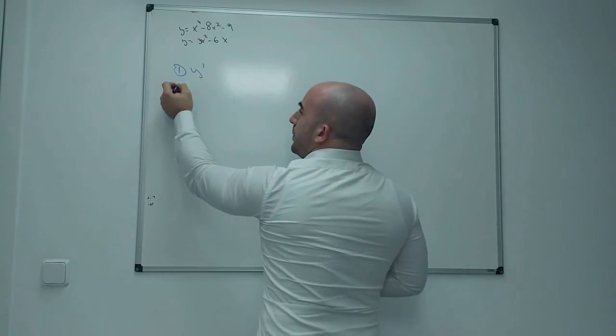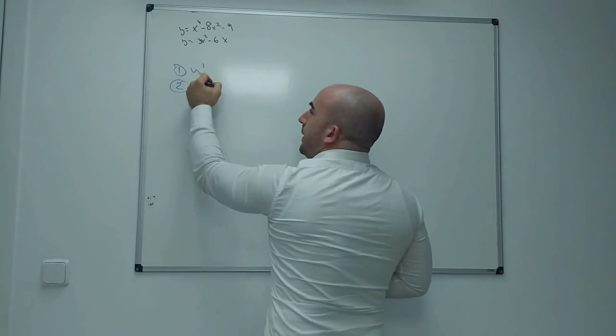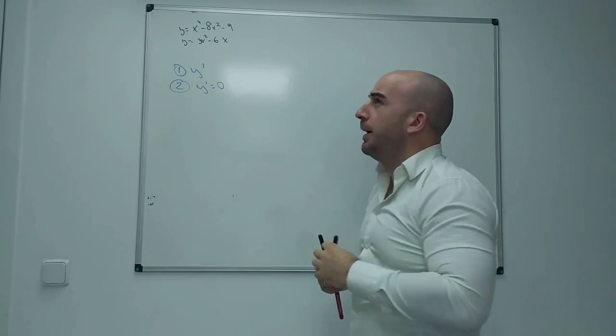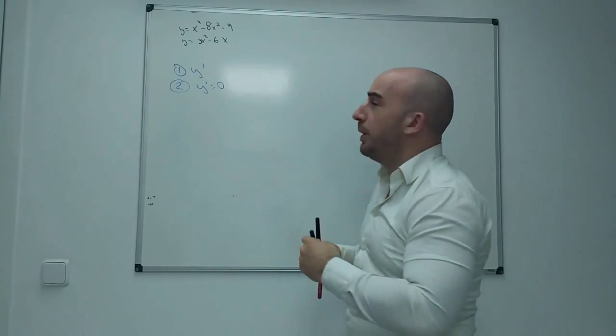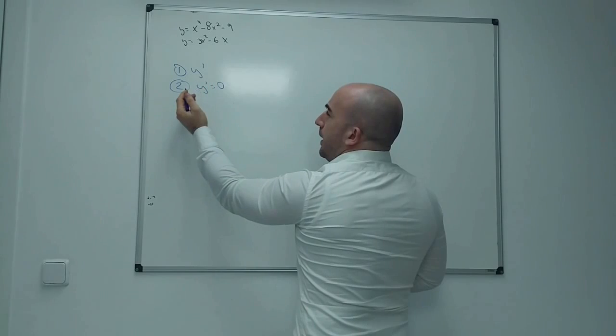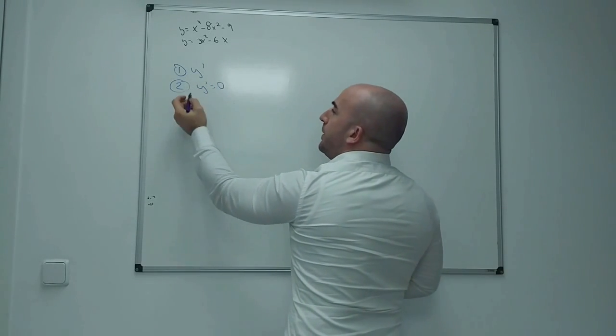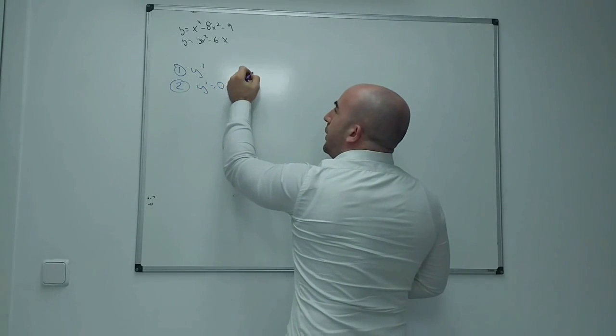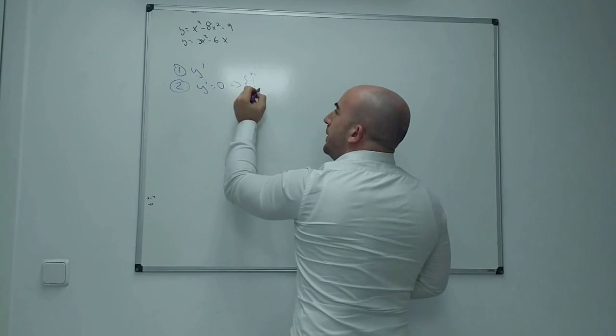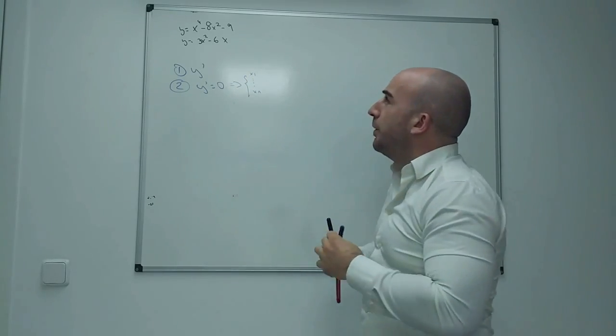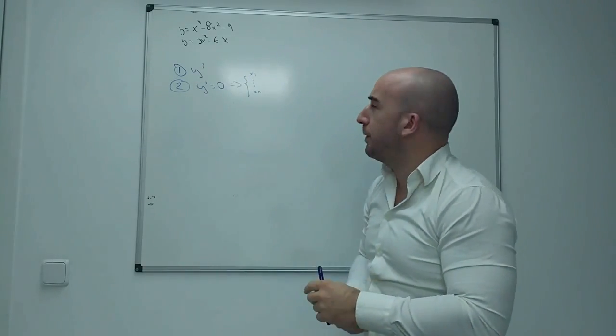The second step is to make that derivative equal to 0, and that gives me certain values. So that will give me a number of values depending on the power of the index of the function.